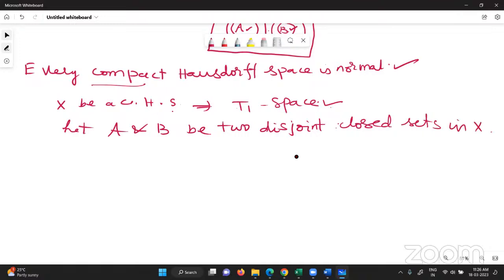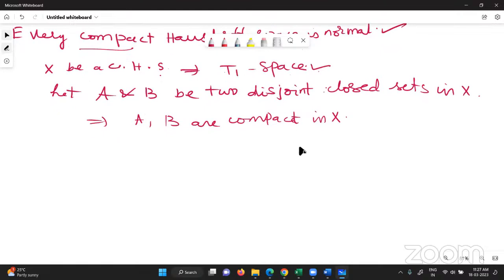We know that any closed subspace of a compact space is compact, which implies A, B are compact in X. We proved that every closed subspace Y is compact. Therefore, A and B are compact.